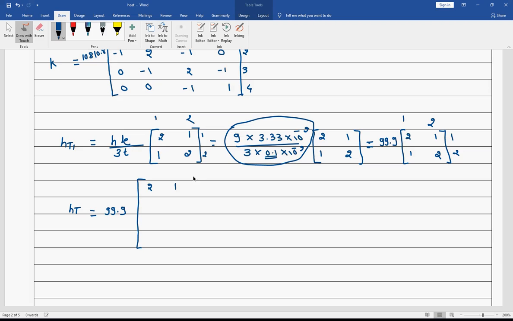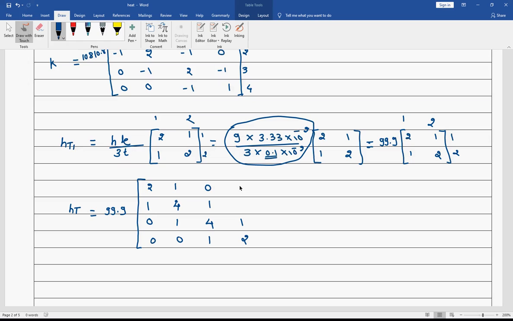So 2, 1, then 1, 4, 1, then 1, 4, 1, and 1, 2. The rest will be 0.